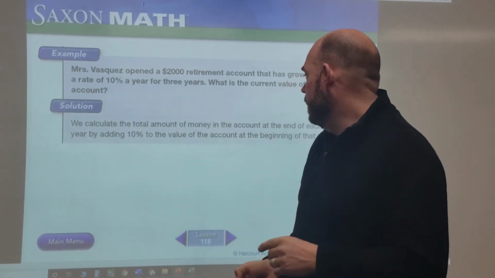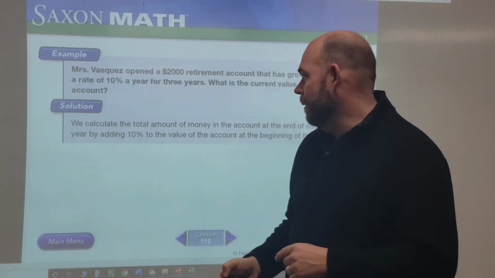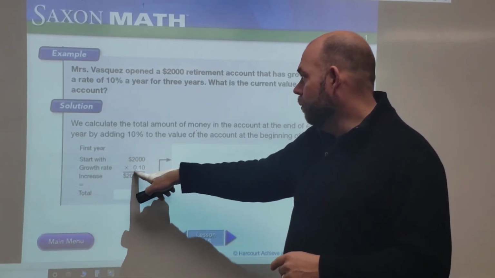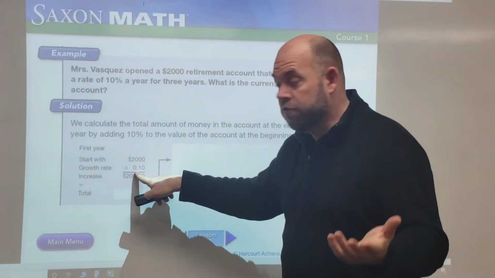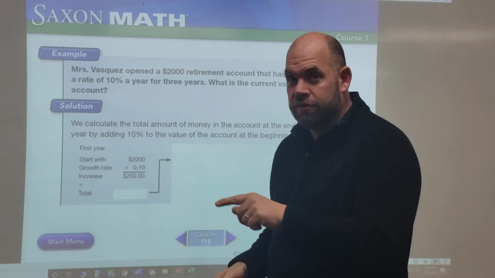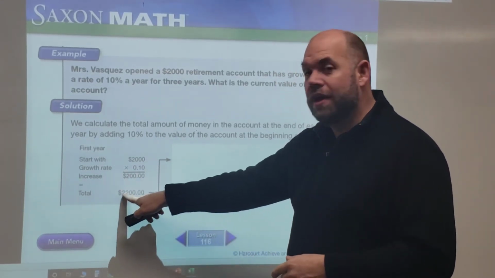Well, what we're going to do here is take 2,000 and multiply that by 10%, which of course is 0.1. And we can do this with our calculator. So you just type in 2,000 times 0.1, and we get $200.